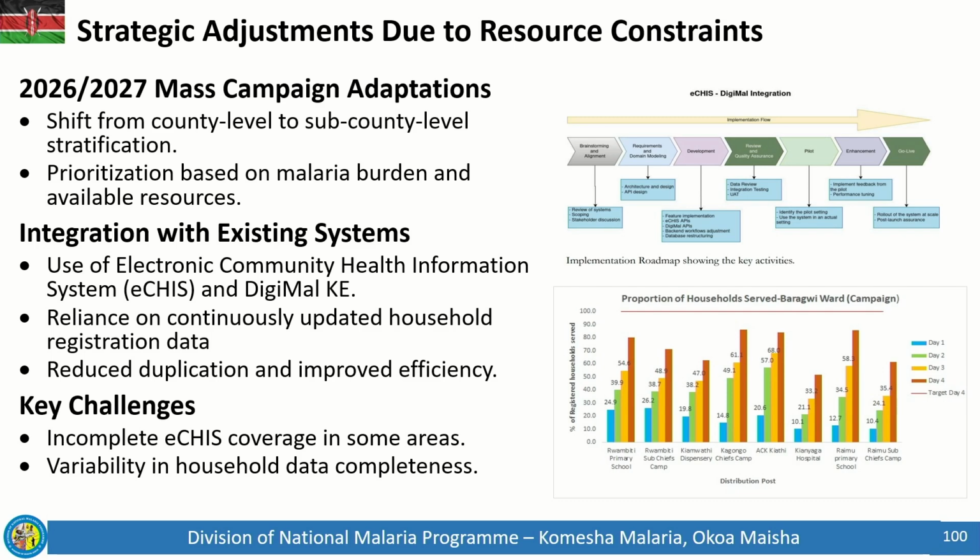And then the other challenge is, for the coverage they've had, what is the completeness of the data within those households? Have they completed a whole household? We all know that to give ITNs to that population, you need to determine the household size to quantify the ITNs. So those were the gaps that we found, and you can see the data there. And I would say this is ongoing progress for the country, where we need to strengthen the electronic community health information system.